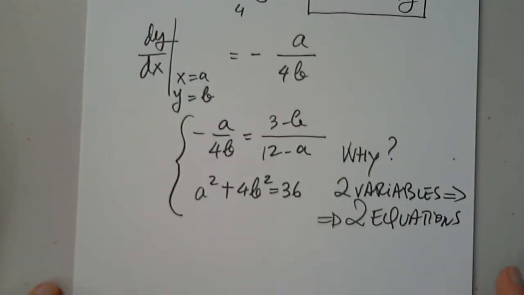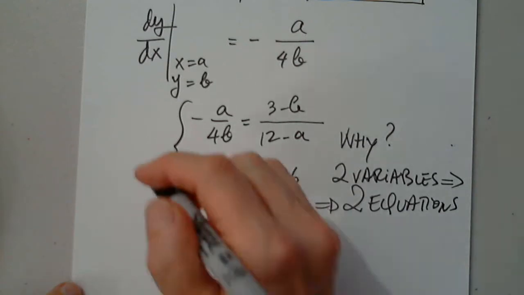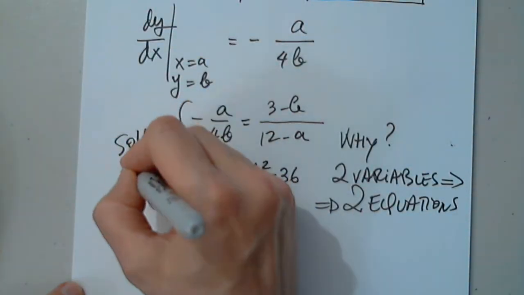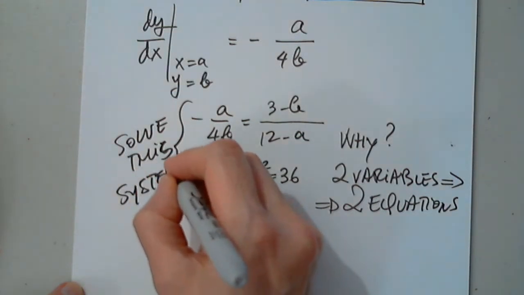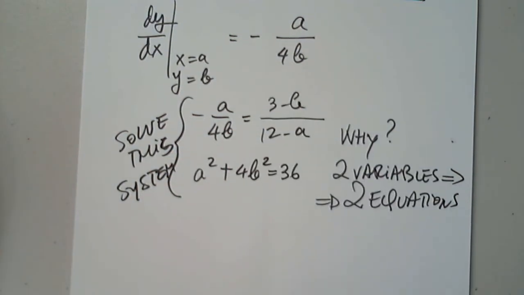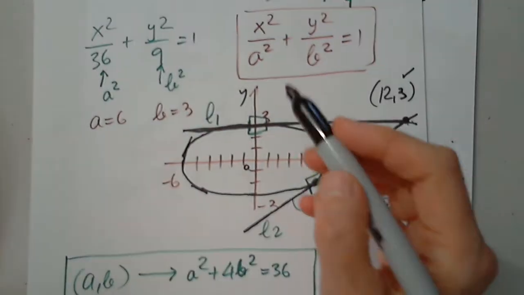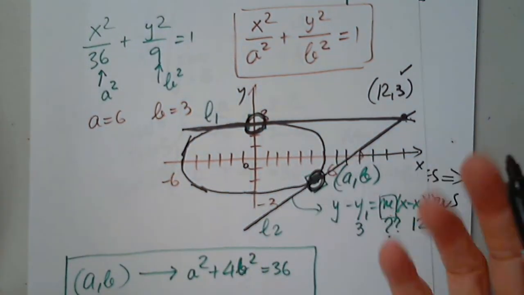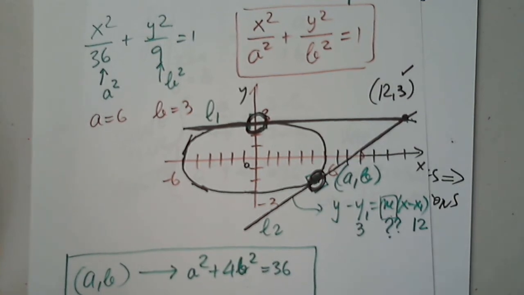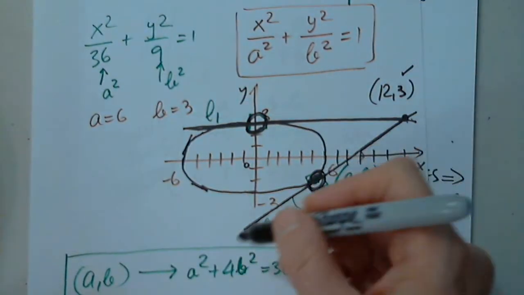Now, what is my next fight? Solve this system. Once I solve this system, I will get this point for sure, and I will get this point, whatever it is, for sure. Once I have these 2 points, I can determine the two equations.